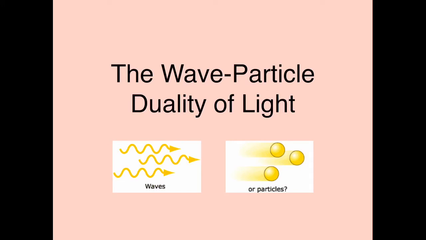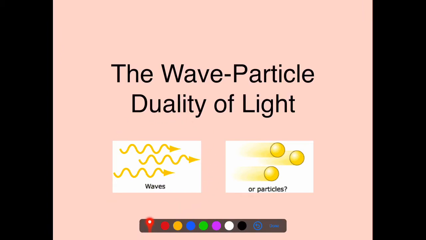So the first thing to discuss here is something called the wave-particle duality of light. So this is the idea that if we go into the laboratory and we do different experiments on light, we test out how it behaves under different circumstances, we'll find that the outcome of our experiments in some situations is best understood if we think of light as some type of wave.